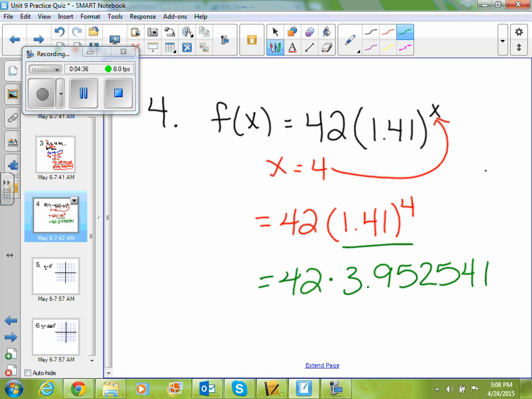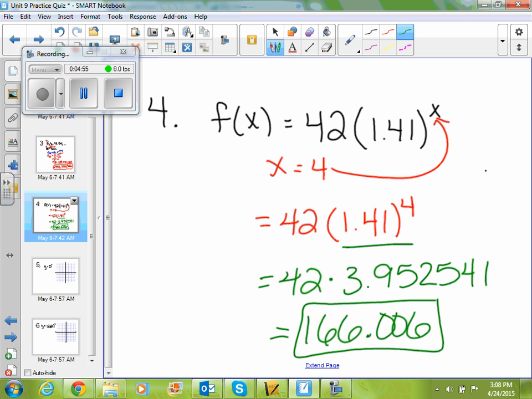Okay, we'll just round it off at that. Take that times 42, and then tell me what you get. Round it to 2 decimal places. So 166.006 should be what you get for 4.